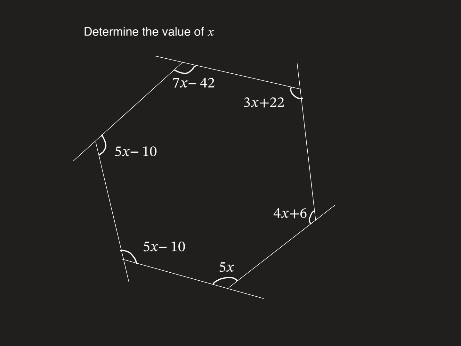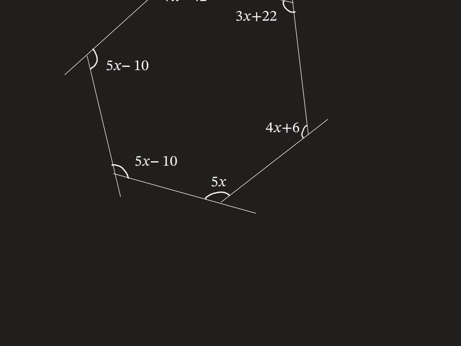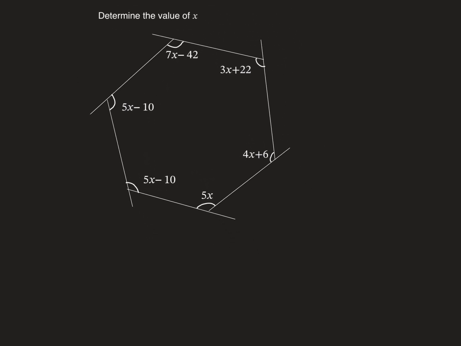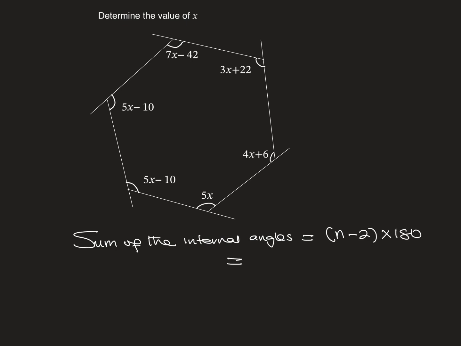So the first thing I need to do is to find the sum of the internal angles. The formula is n minus 2 times 180. And because it is a six-sided figure, n will be 6.